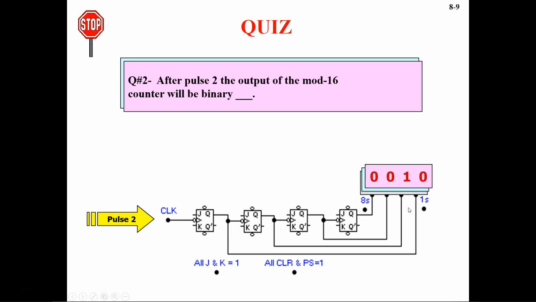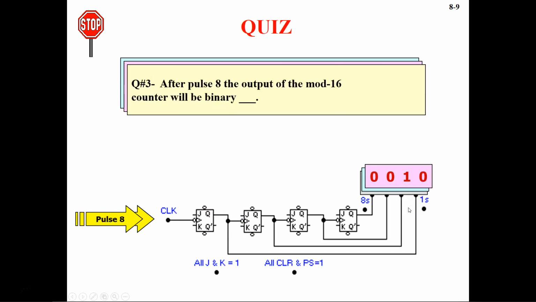So we have 0, 0, 1, 0. And then after 8 pulses, the output of the mod 16 counter will be, after the 8th pulse, we know that it is going to be set at 8 decimal, which is 1000. So that is going to be our answer.